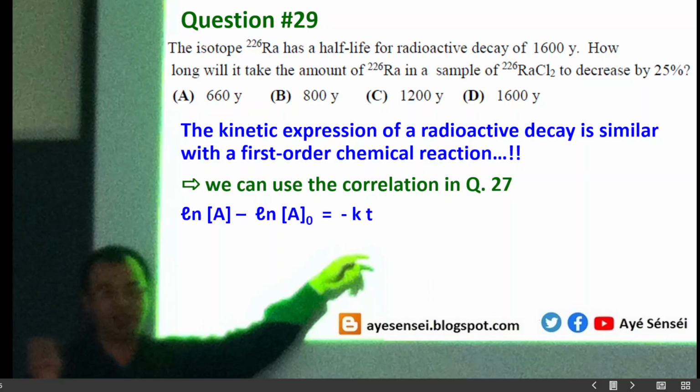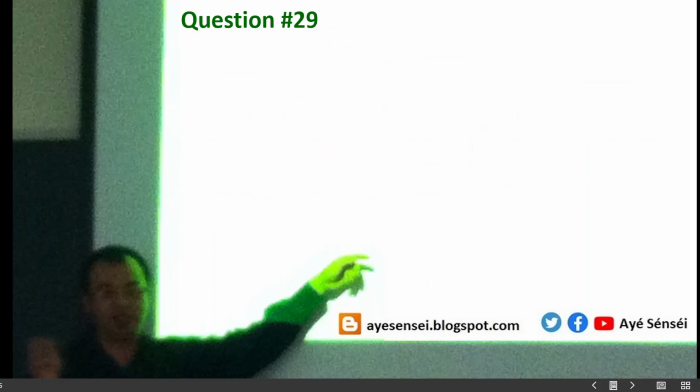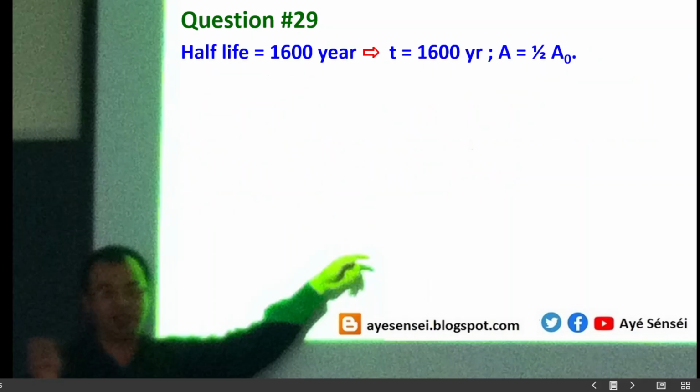So here's the expression, and it is stated that the half-life is 1600 years. So when t equals 1600 years, it means that A is equal to half A0. So A is, we can say, radioactivity probably.